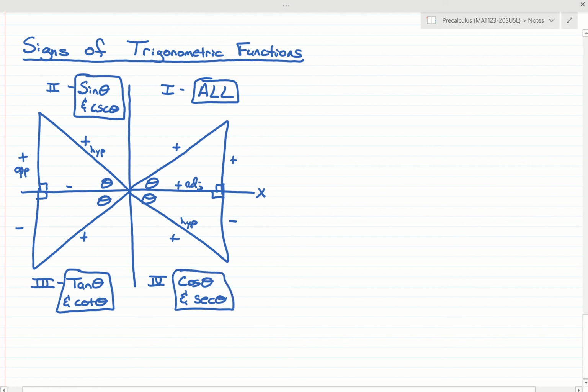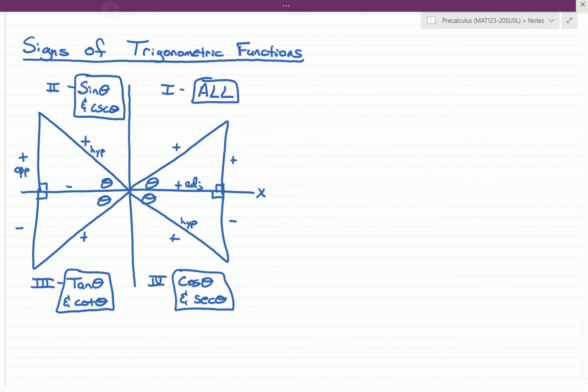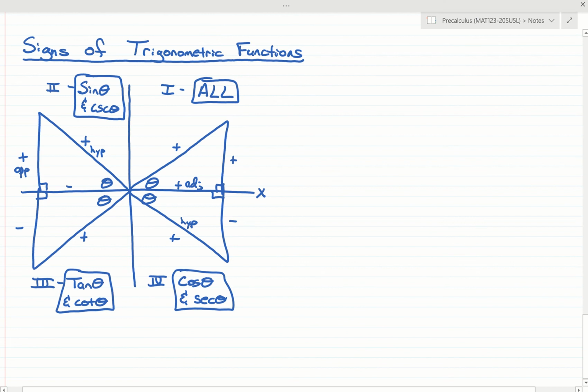Now there's an old trick to remember this. The expression goes that, here I'll write it out like this. Well, maybe I'll use a different color. All students take calculus. The first letter tells you what trig functions are positive where.